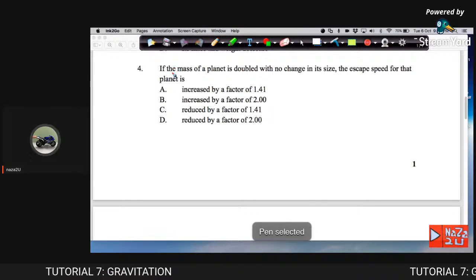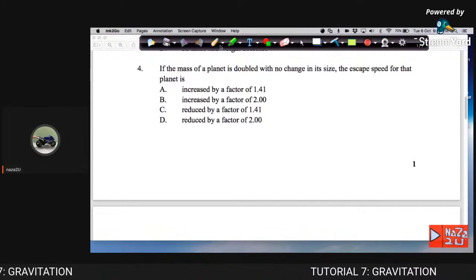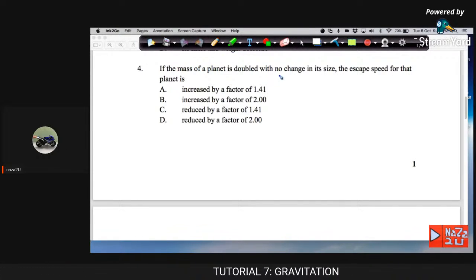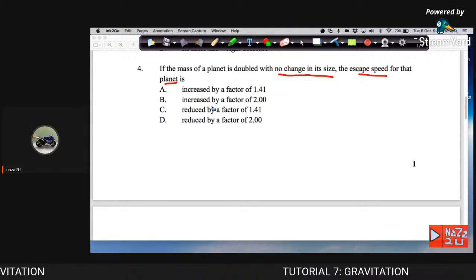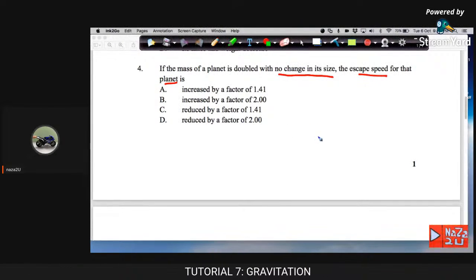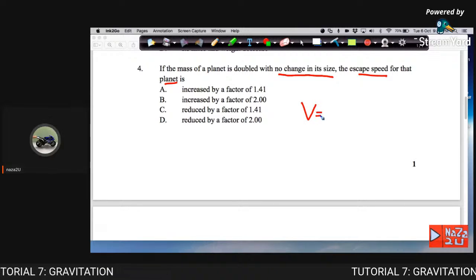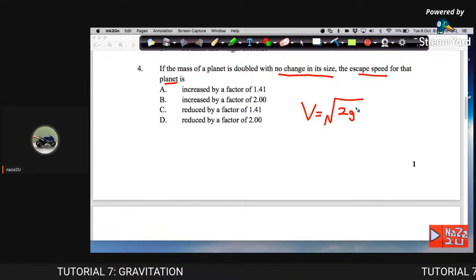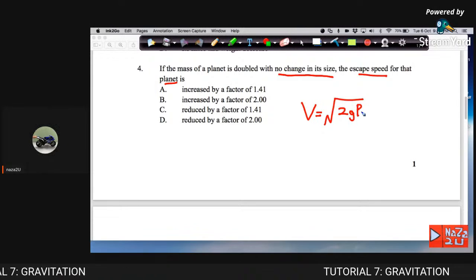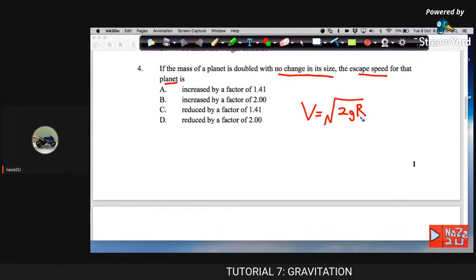Number 4, if the mass of a planet is doubled, while its size is unchanged, what happens to the escape speed or escape velocity? Semalam kita dah bincang mengenai escape velocity. So the equation for escape velocity, we have v is equal to square root of 2 times gravitational acceleration g times radius of the planet, right?